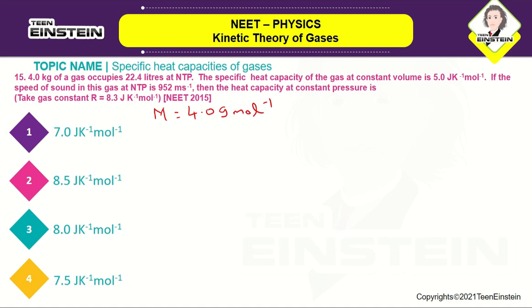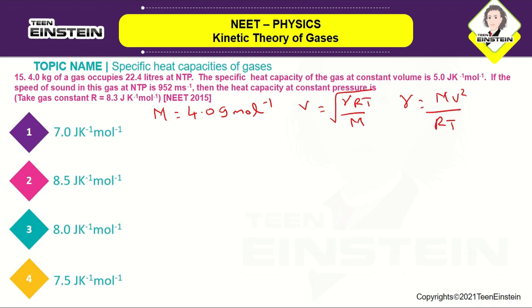Okay, and the speed of sound in the gas is given by v equal to root of gamma RT by M, where gamma is the ratio of two specific heats, R is the universal gas constant, and T is the temperature of the gas. So gamma is given by Mv square by RT.